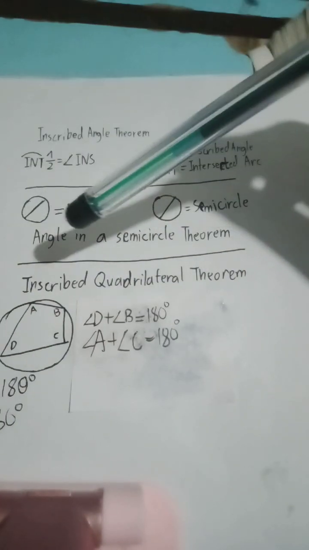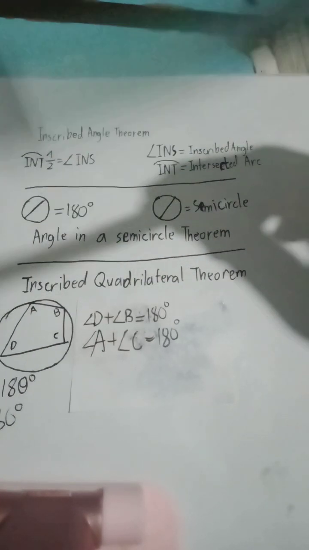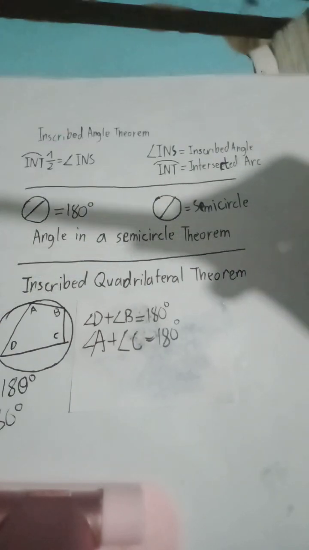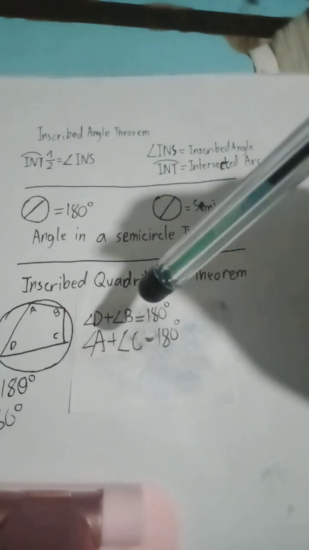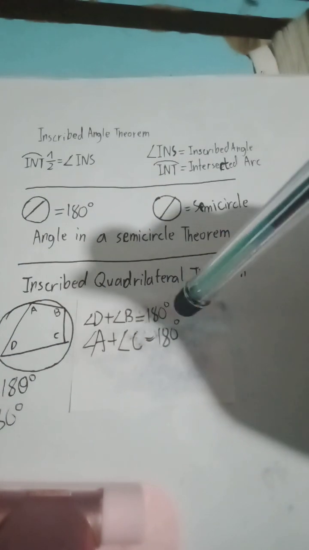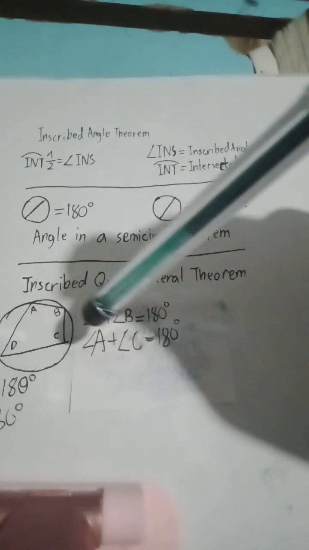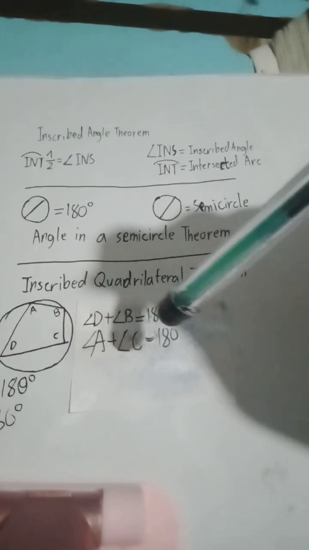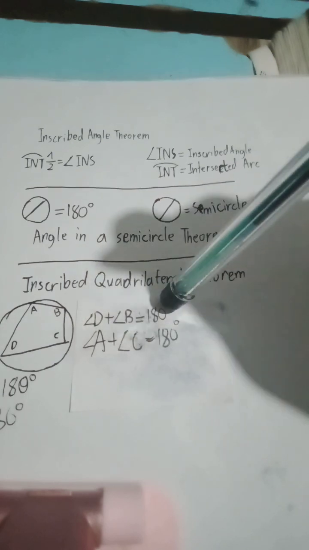And the inscribed quadrilateral theorem, which says that the opposite angles of a quadrilateral equal 180. For example, angle D and angle B is equal to 180.